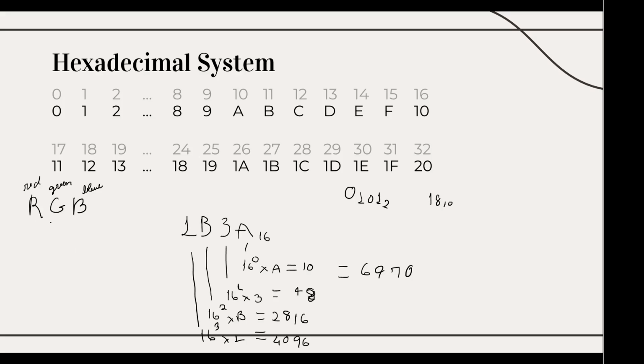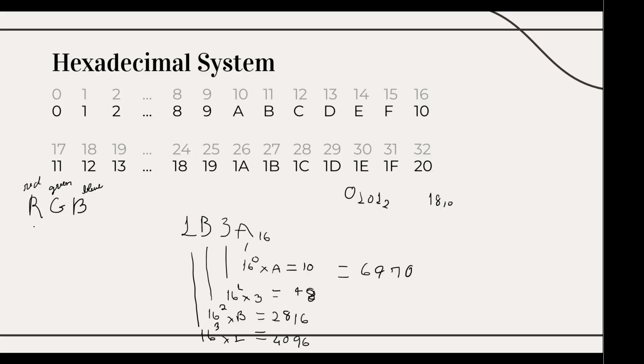So if we have a very strong red, a very strong green, and a very strong blue, we would have white, basically one that encompasses all the colors. And this is often represented as numbers. And because it's easier for the computer, we represent it as hexadecimal.